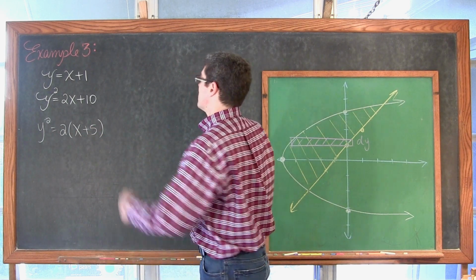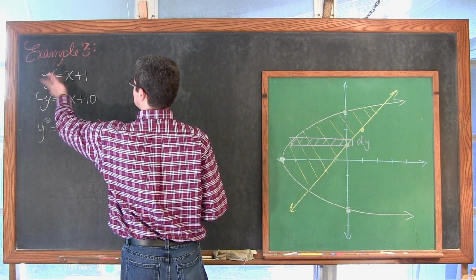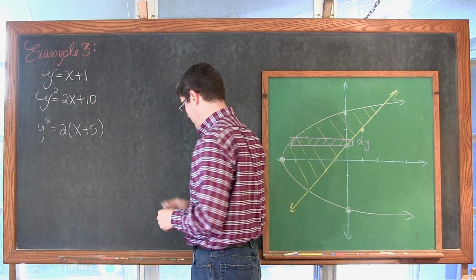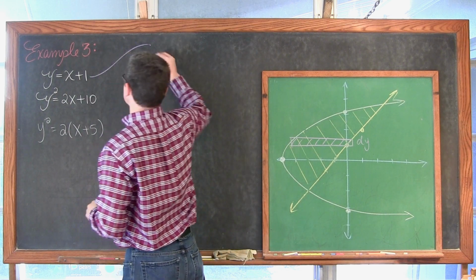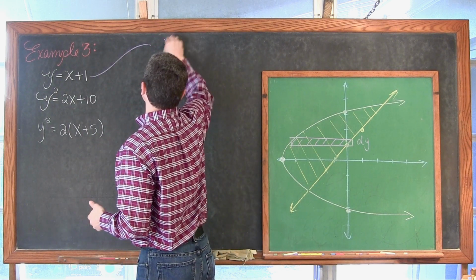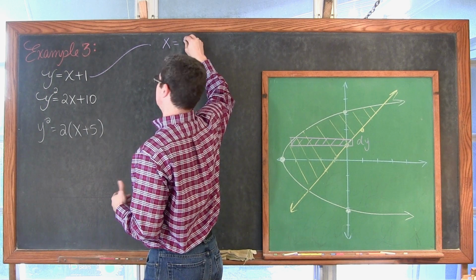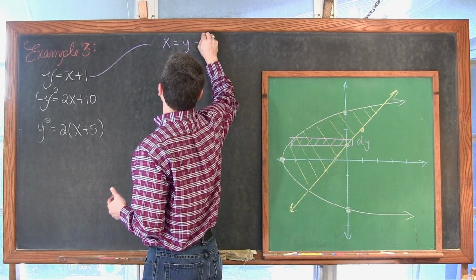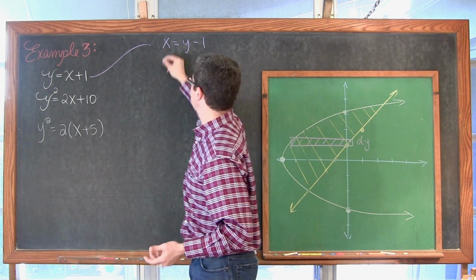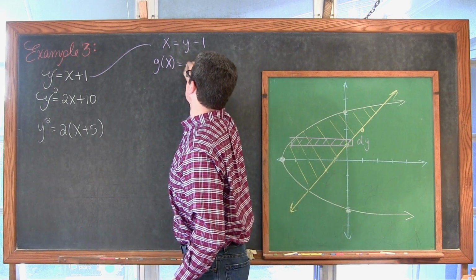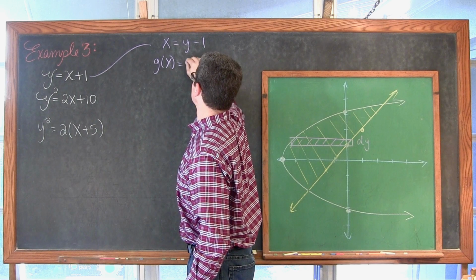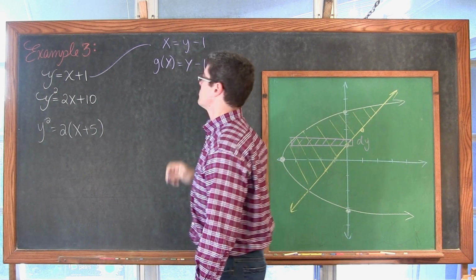That means that we need to get these functions rewritten so that they're x in terms of y. So here, that's not going to be too hard, right? We're going to need to rewrite this function as x is equal to y minus 1, and we can call that g of y, excuse me, is equal to y minus 1.